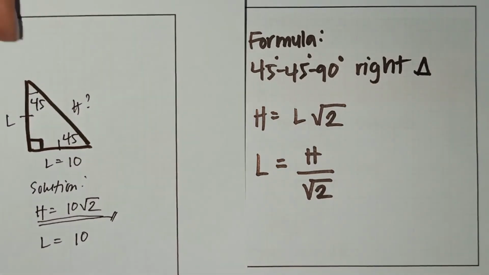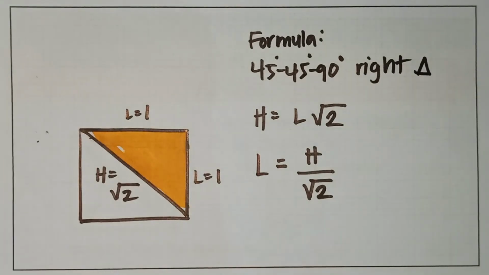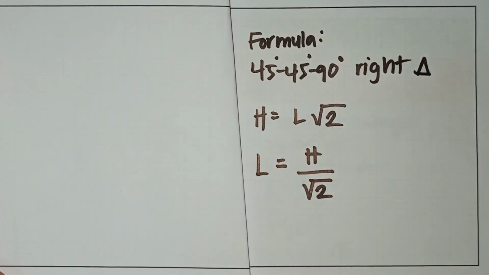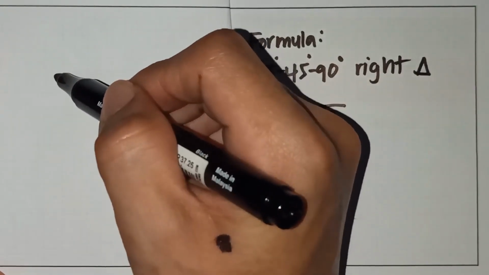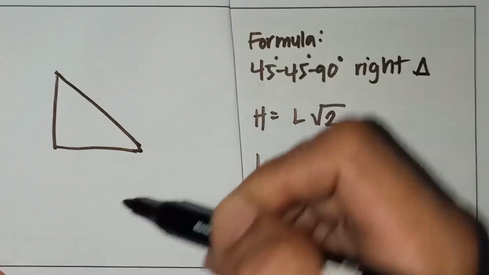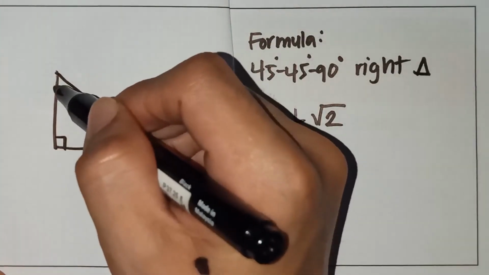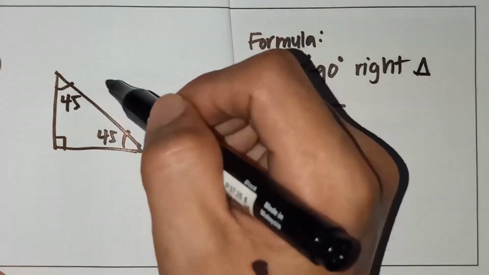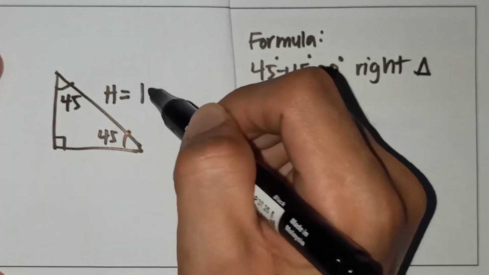So another example, for example, we have this figure, and this is a 45, 45, 90 triangle, and the given hypotenuse is 12.